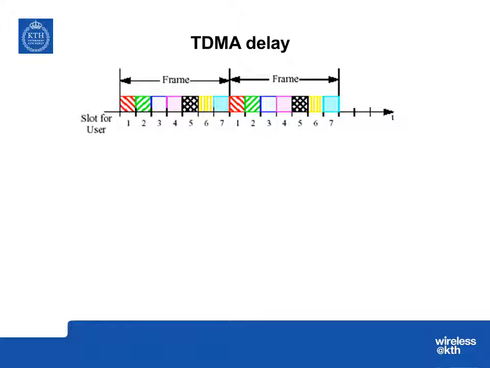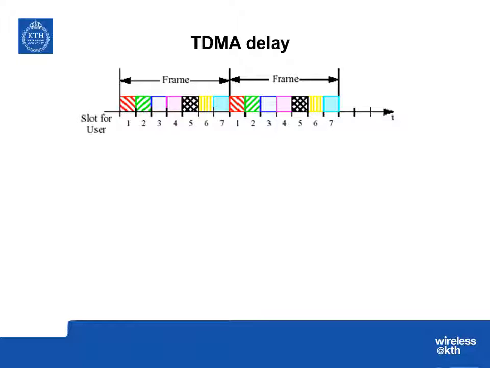The user has to wait for his slot to appear, but then he can transmit the message at the full data rate of the channel. So when the system is empty, typically the user has to wait 1/2 of the frame length, and if all users have the same number of slots, then the frame length will be equal to the number of users.